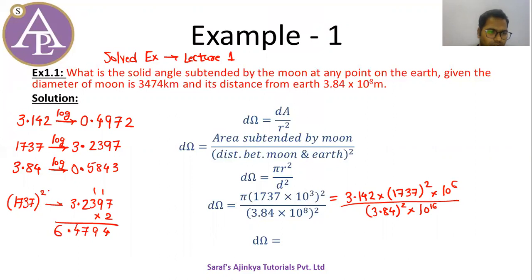So that is the log of 1737 square. We also have 3.84 square. The log will be 0.5843 multiplied by 2. So that will be 6, 8, 16 carry 1, 5 into 2 is 10 and 1, 11, and this is 1.1686.